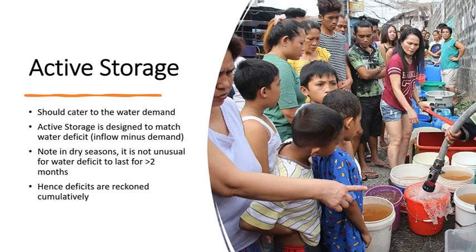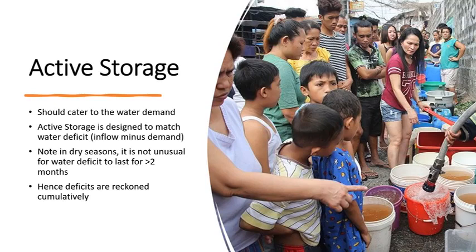Active storage: the main purpose of active storage, of course, is for more water supply, and the storage acts as a buffer. You can imagine the active storage of the dam as your water drum in your household.